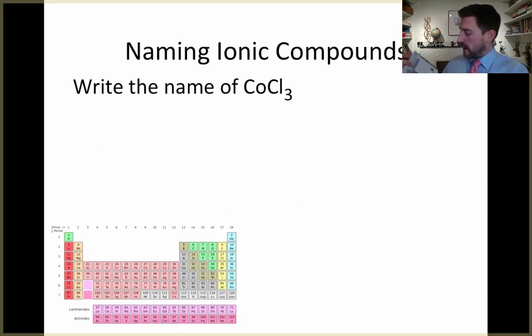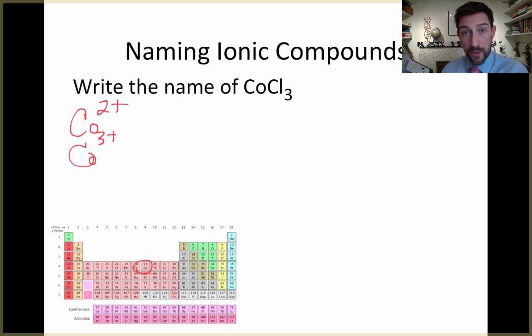So what about CoCl3? Well, Co, I look it up on the periodic table, right down here, number 27, and cobalt has two options. Cobalt could be cobalt with a 2 plus, or it could be cobalt with a 3 plus. Now, I'm going to go look at chlorine because I don't know which one to use. Chlorine is always a 1 minus.